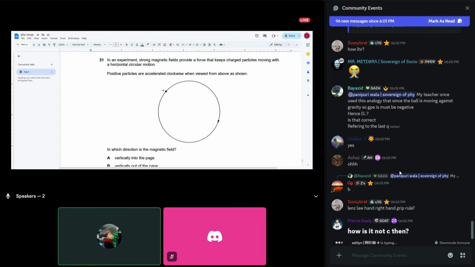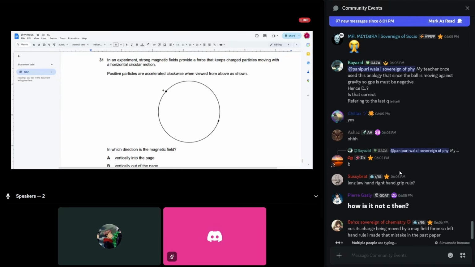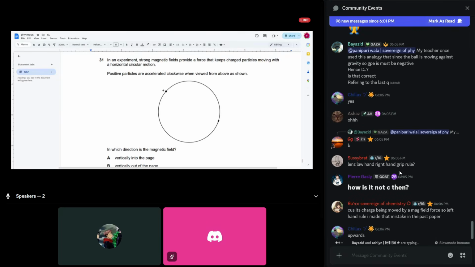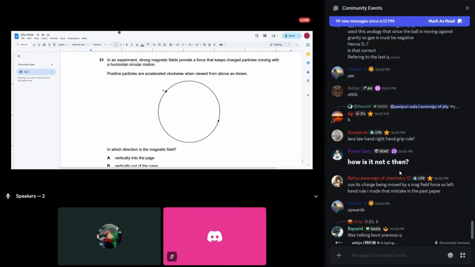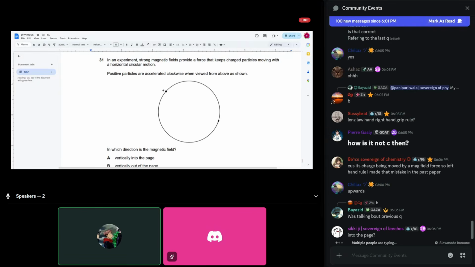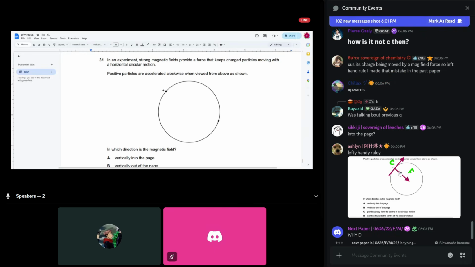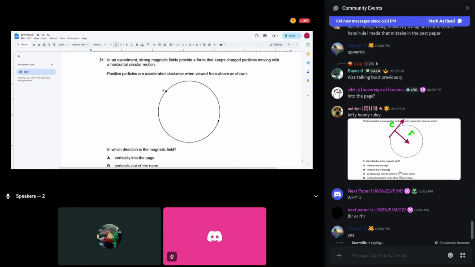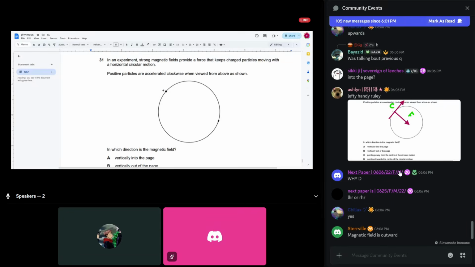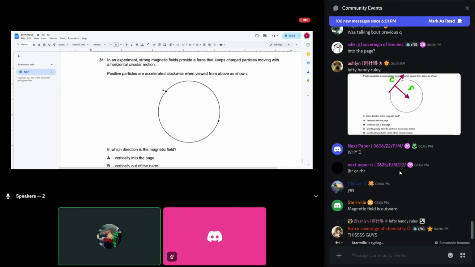Current is this way, force is inward. So which way is the magnetic field? The magnetic field is inward, outward. Correct, Ashlin's is correct. We use the principle of centripetal force, and looking at those vectors, we can determine it.